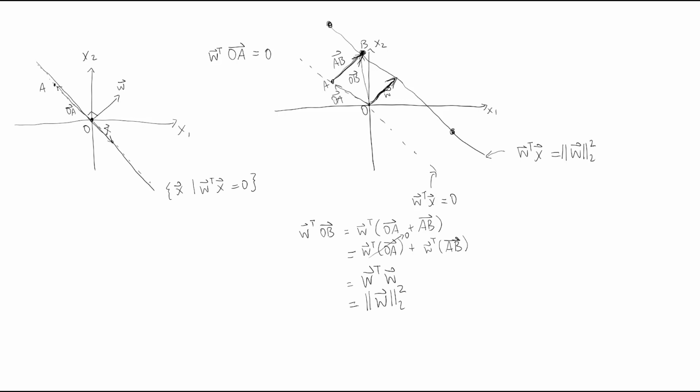In set notation, this hyperplane would be the set of X such that W transpose X equals the 2-norm squared of W.